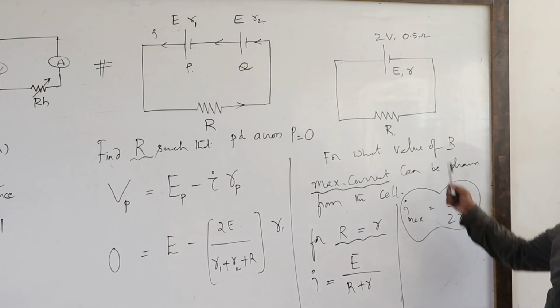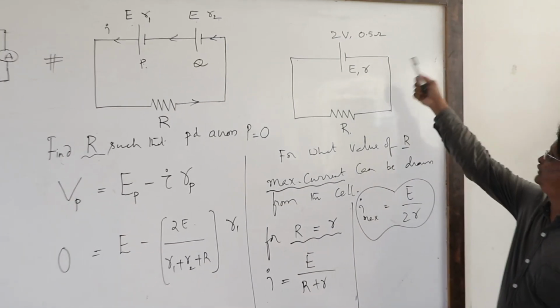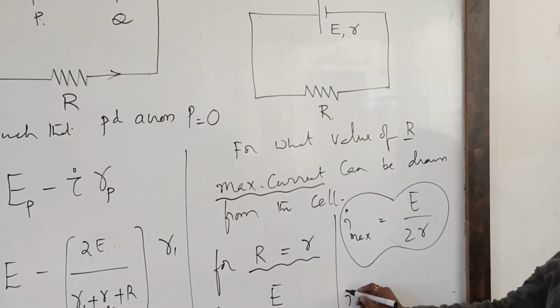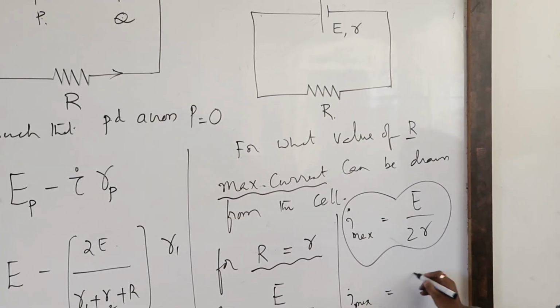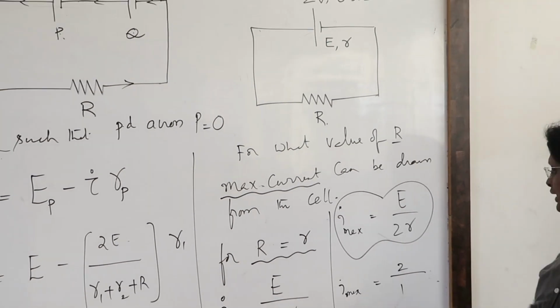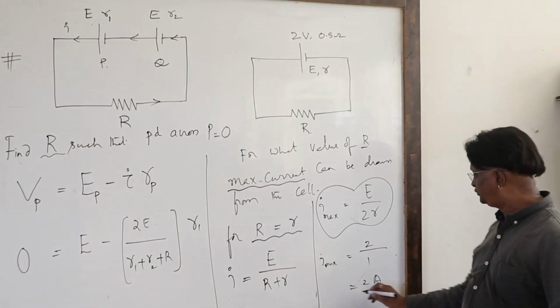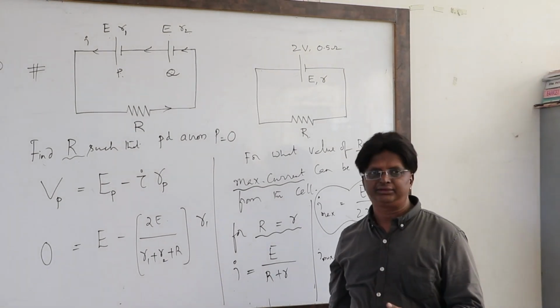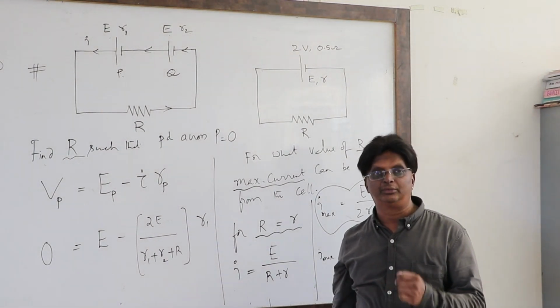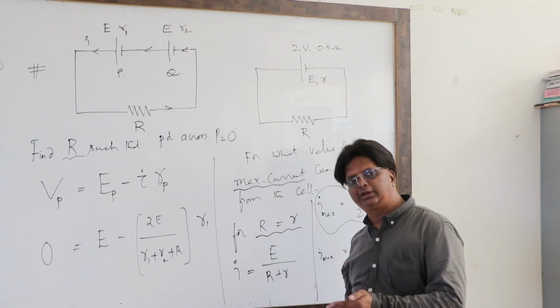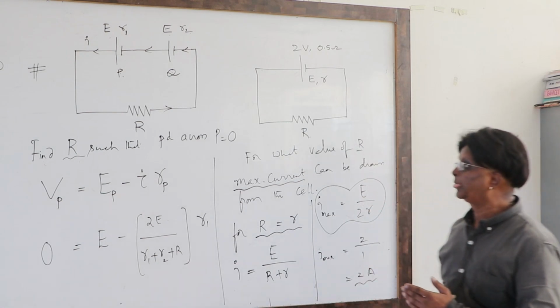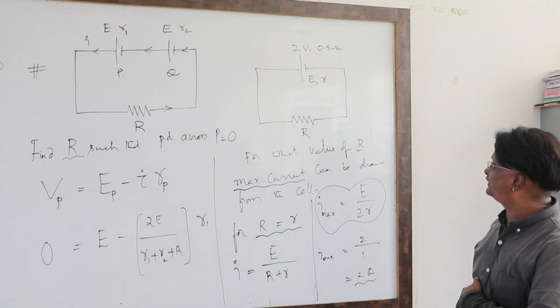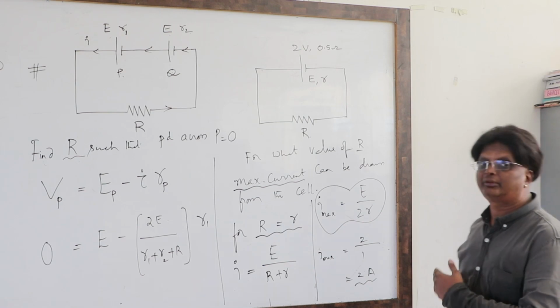Therefore, in this given example, r is equal to 0.5 ohms. Therefore, I maximum is equal to 2 by 1, that is 2 ampere. Once you get this current, it can even be asked what the maximum power is, that will be I squared R or likewise. So V is equal to E minus Ir and the maximum power transfer theorem.